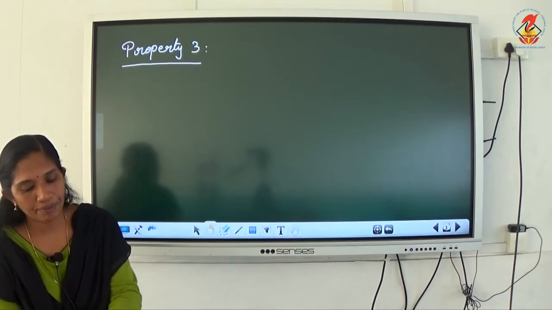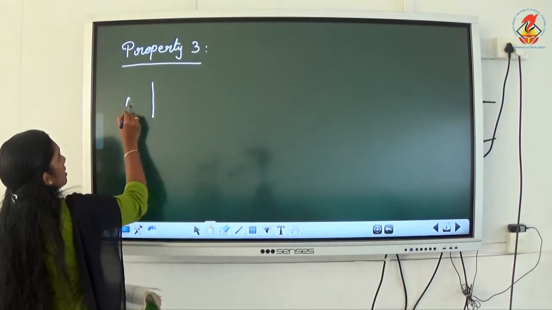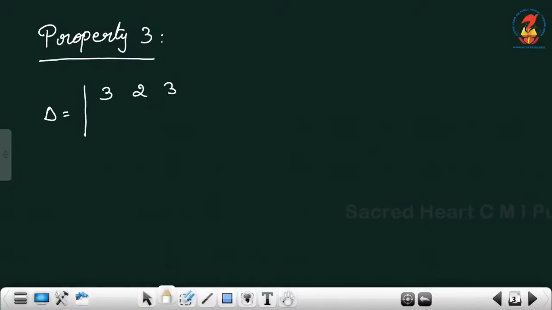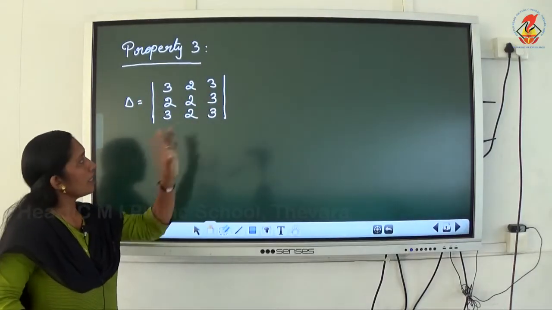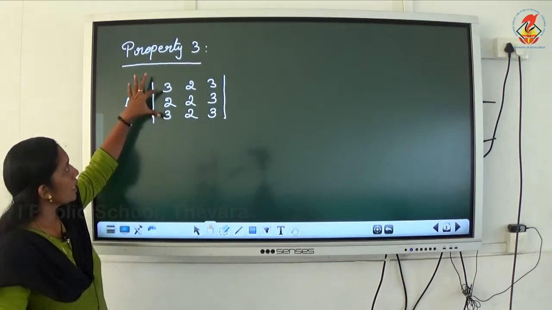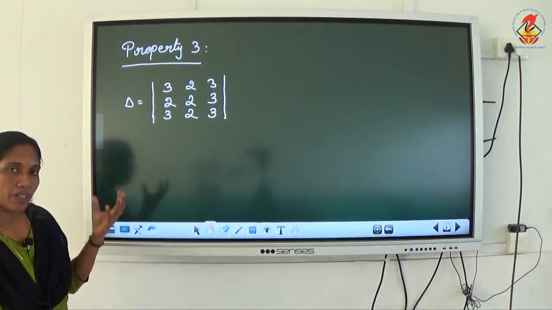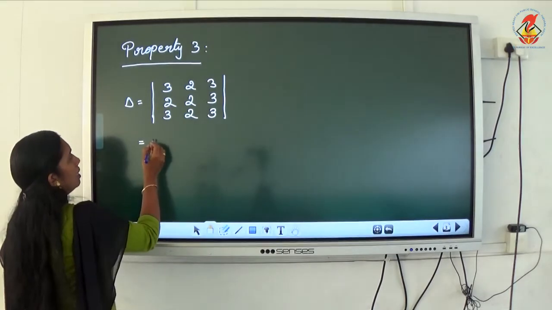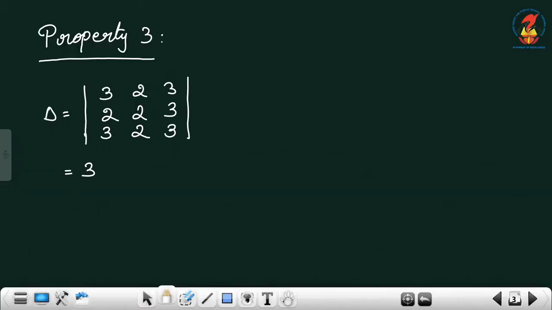For example, let determinant delta be equal to 3, 2, 3; 2, 2, 3; here R1 and R3 are identical, that is corresponding elements 3, 3, 2, 2, 3, 3 are the same. And what is the value of this determinant? Expansion along R1, 3 into, delete the row and column, 2 into 3 minus 2 into 3.